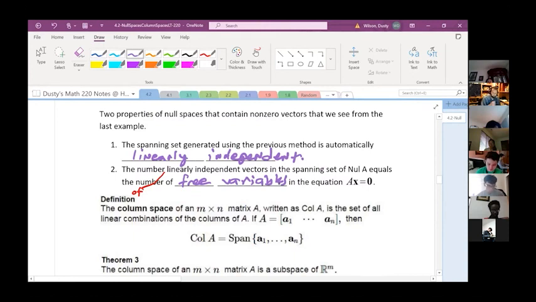So we ended up with one vector for each free variable. And you'll see that happen over and over again. Questions?